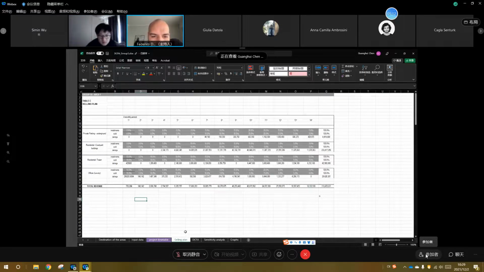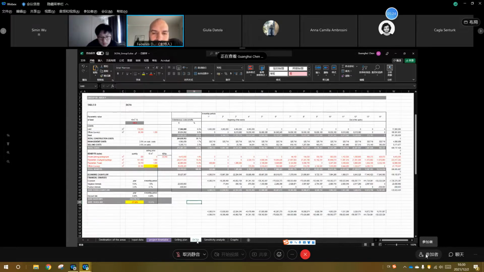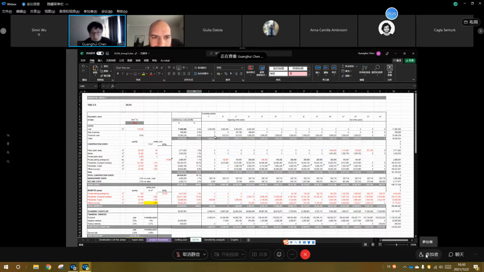And have you distributed the cost and the revenue in the discounted cash flow analysis also? Yes. In the DCFA we follow the selling plan and just change the construction phases to move the public green area to the last phases.